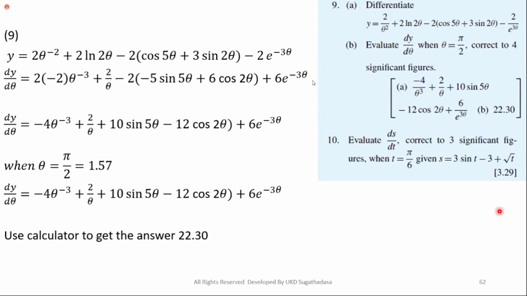Now finally you get the differentiation in this form: ds by dt equals 3 cos t plus 1 upon 2 square root of t. Now everybody should have that particular line.